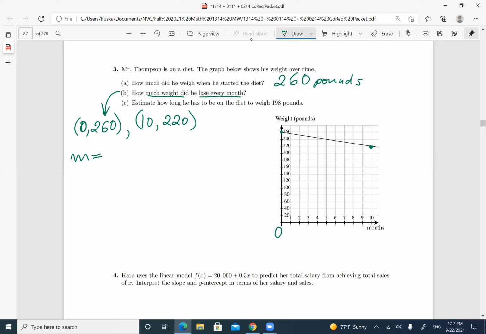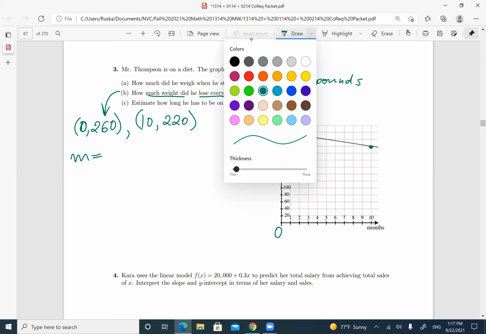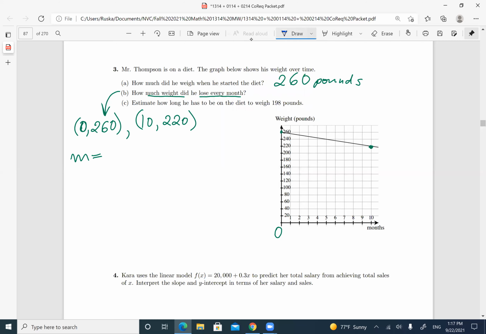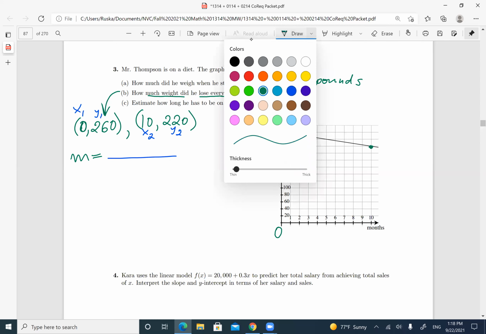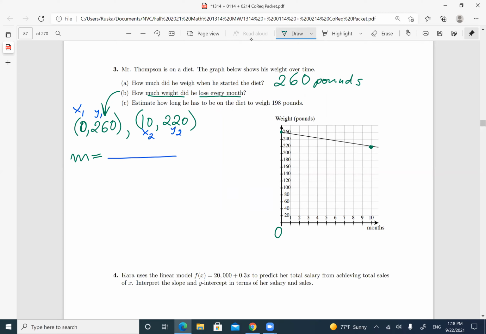So we're using the slope formula, y2 minus y1. And if you remember, we name each number. So x1 is 0, y1 is 260, x2 is 10, y2 is 220. Then you plug it into the formula: y2 minus y1 is 220 minus 260 over x2 minus x1, 10 minus 0.